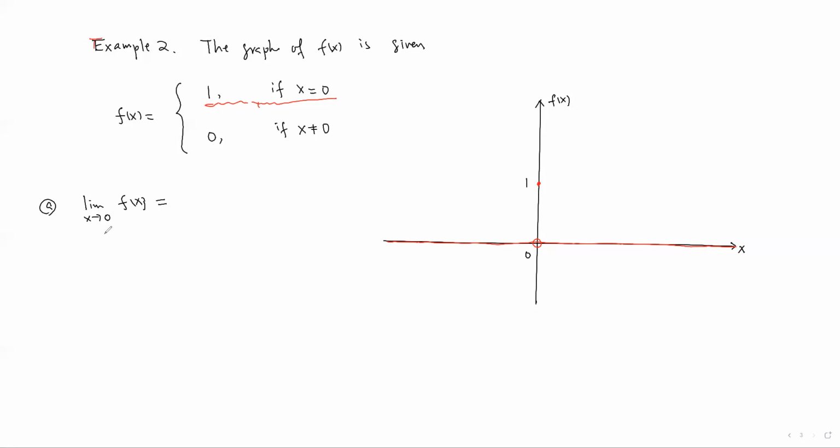Remember convention 1: x gets closer and closer to 0, but x is not allowed to take the value 0.